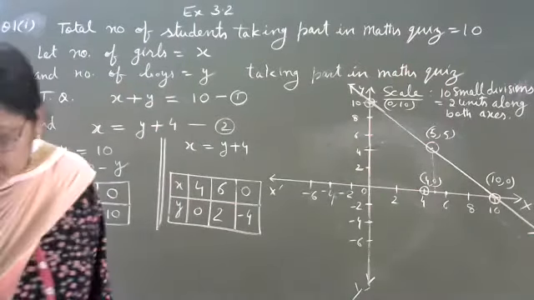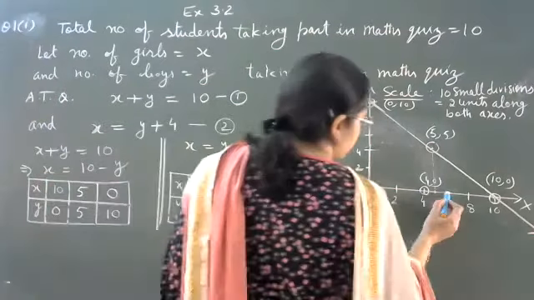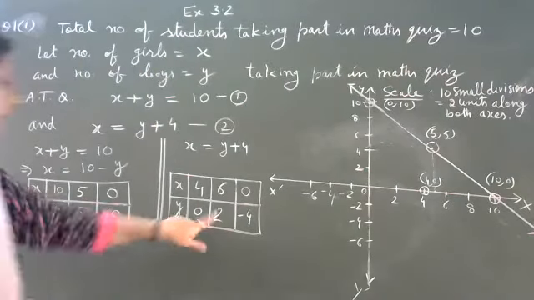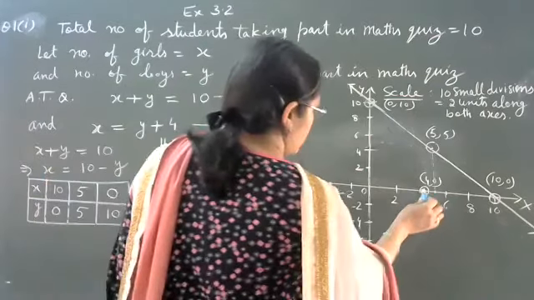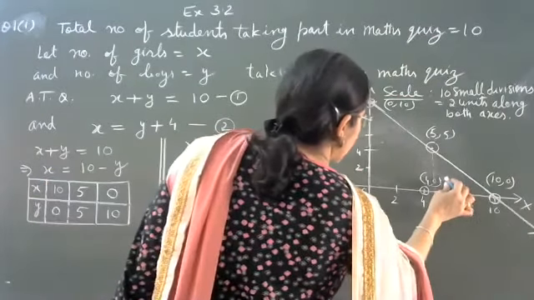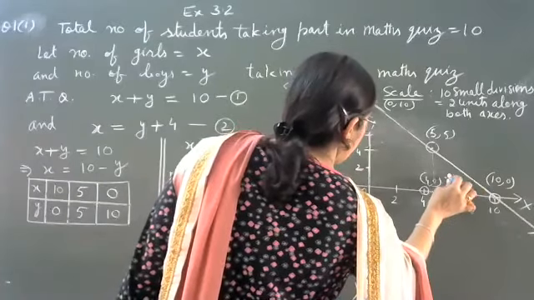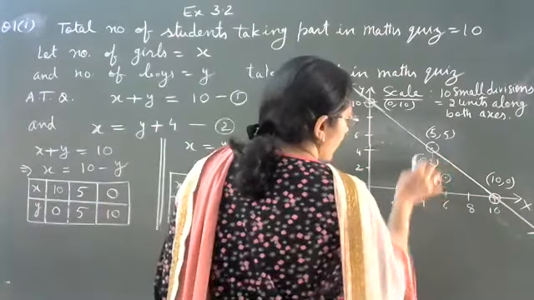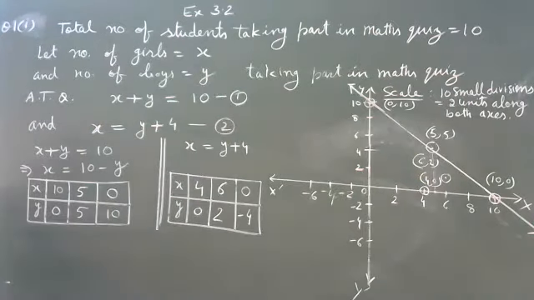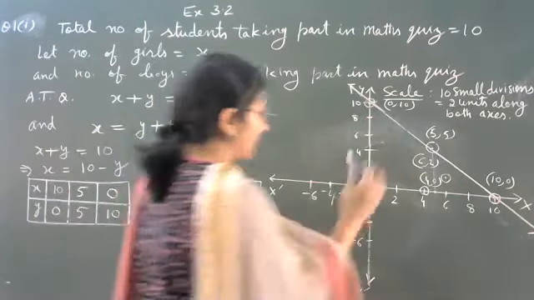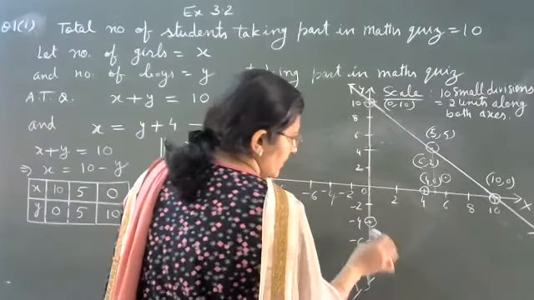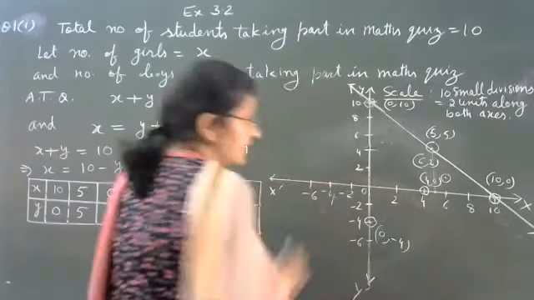For x is equal to 6, y coordinate is 2. Write coordinates 6, 2. Next value is 0, minus 4. For x equal to 0, ordinate will be minus 4. So point 0, minus 4.